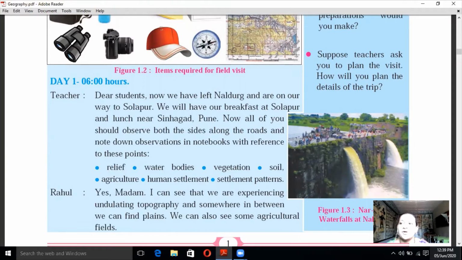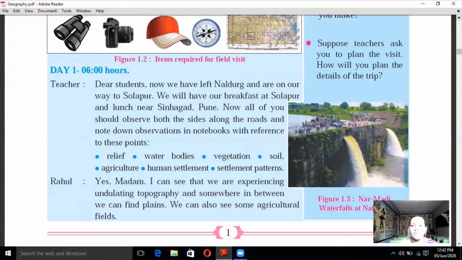This map shows the students how they will travel to reach the field visit. The route of the field visit you will see on the road map given in the textbook. They will have their breakfast at Solapur and lunch near Singhgad of Pune.